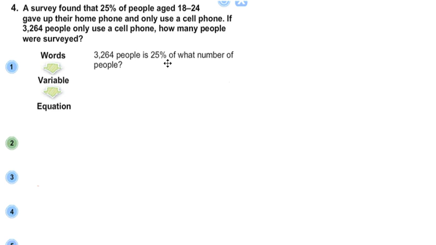And we know that 25% is the percent because it has the symbol. So now we're going to have W represent the whole number of people surveyed. Our equation is going to be 3,264, which is our part, equals our percent, 0.25, times our whole.